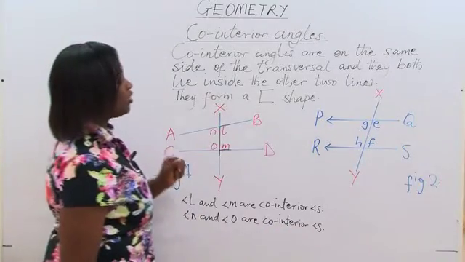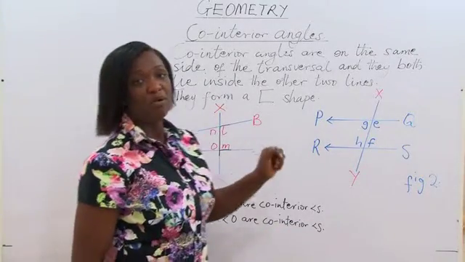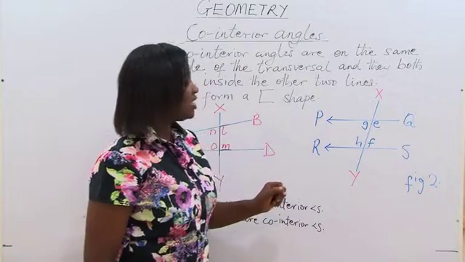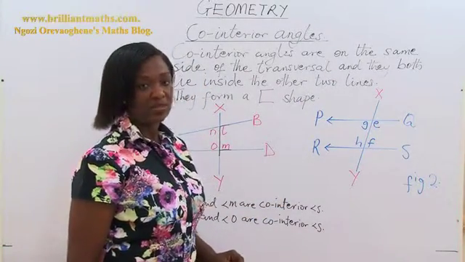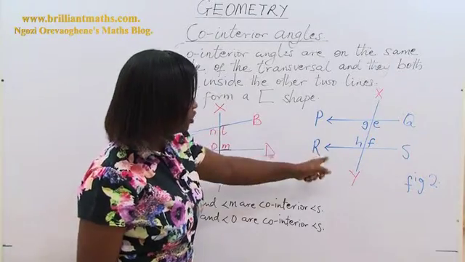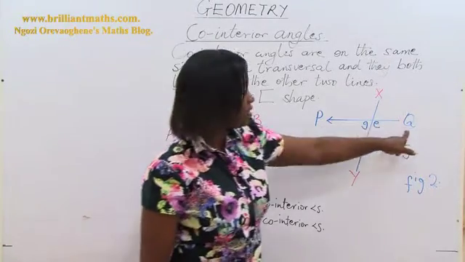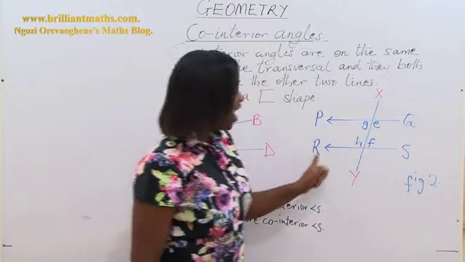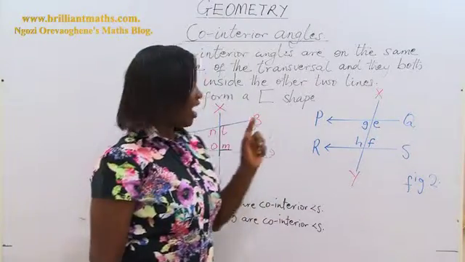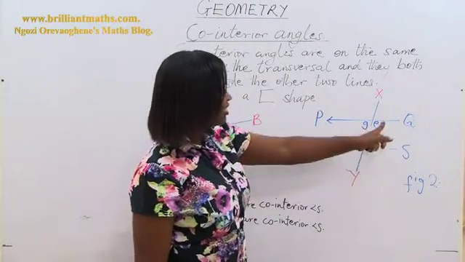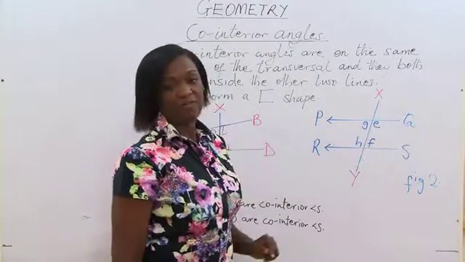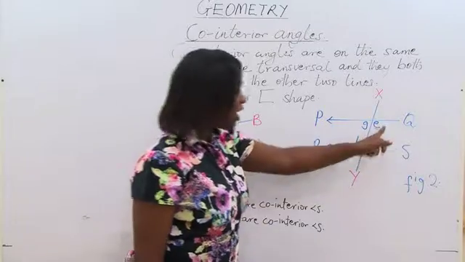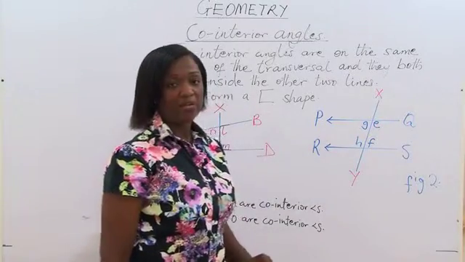Let's look at co-interior angles that are formed when parallel lines are cut across by a transversal. In figure 2, line PQ is parallel to line RS, and the co-interior angles are angle E and angle F. So angle E and angle F are co-interior angles.